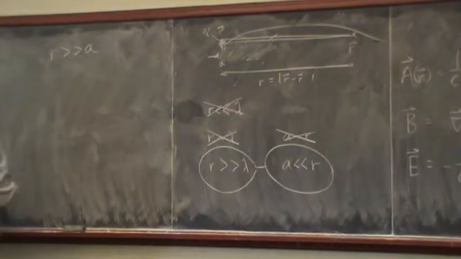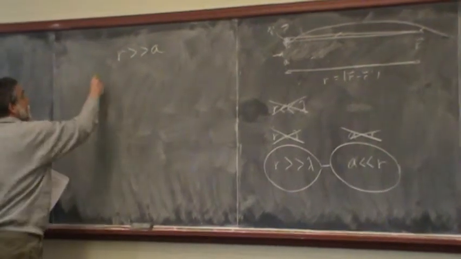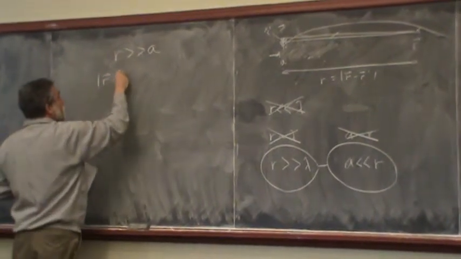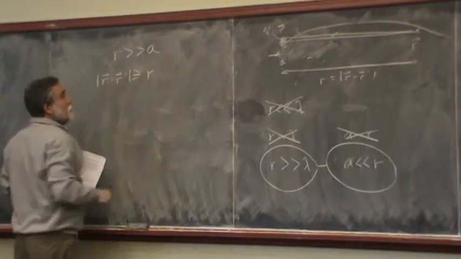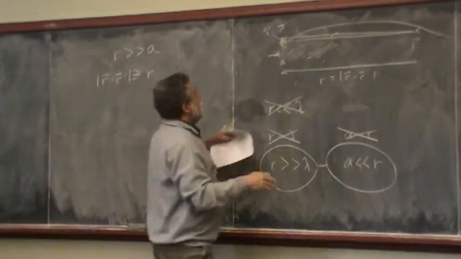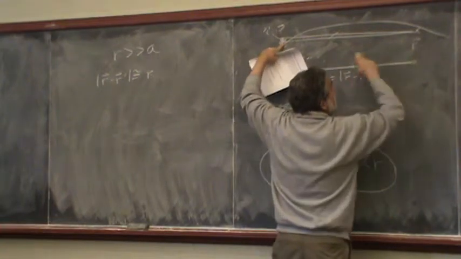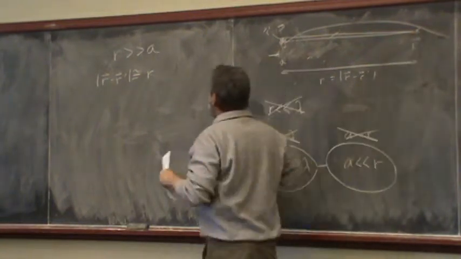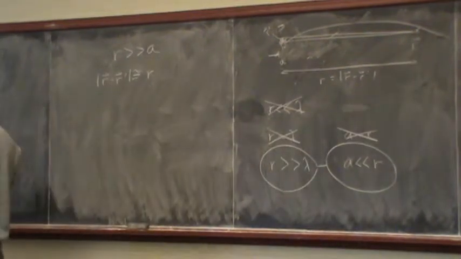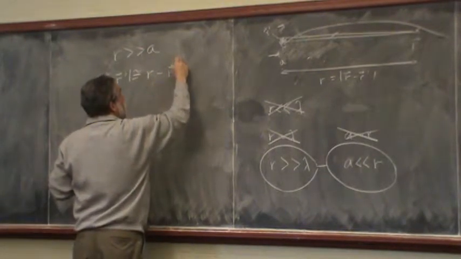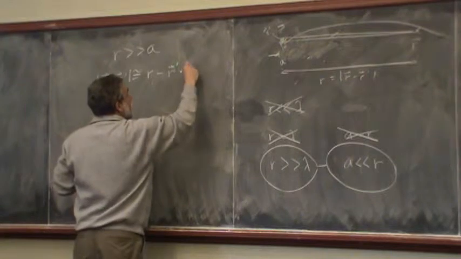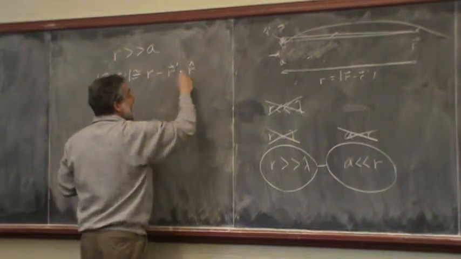But that one's easy to approximate. I can say that R minus R prime is approximately equal to the distance from the average position, the center, to there. So that's just the magnitude of R minus R prime dot R hat.